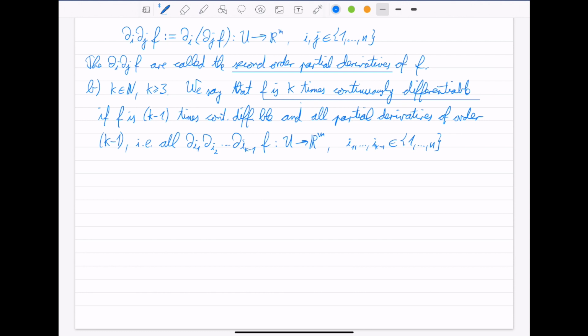So let's continue here. So f is k minus 1 times continuously differentiable, and all partial derivatives of order k minus 1, so all of these, they are continuously differentiable.